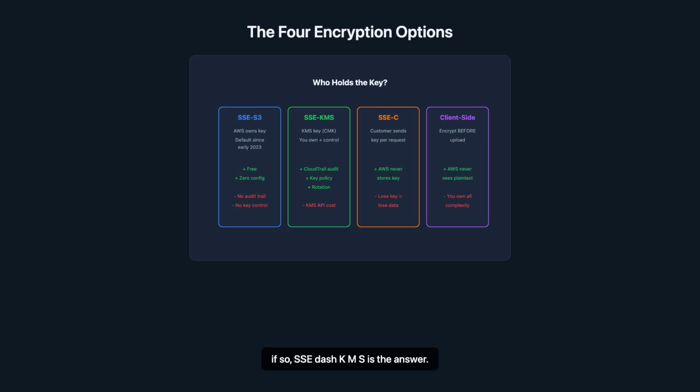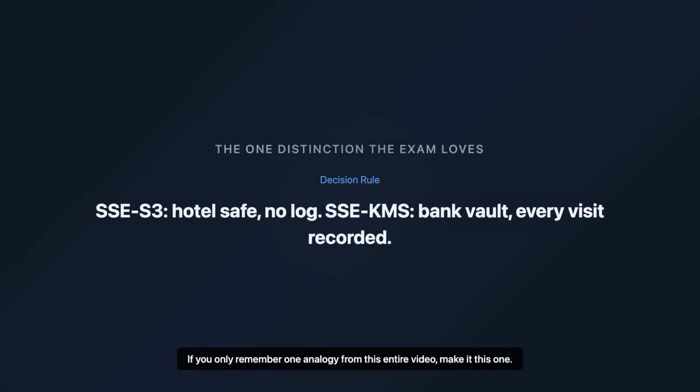The decision usually comes down to whether you need an audit trail. If so, SSE-KMS is the answer. If you only remember one analogy from this entire video, make it this one. SSE-S3 is a hotel room safe. It's convenient, it's free with the room, and your stuff is locked up, but nobody is keeping a record of who opened it.